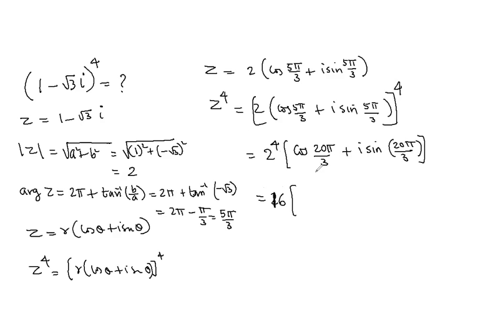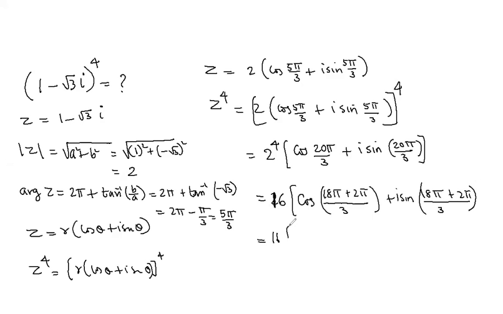The multiple of 3 near 20 is 18, so 18 pi by 3 is 6 pi, plus 2 pi by 3.